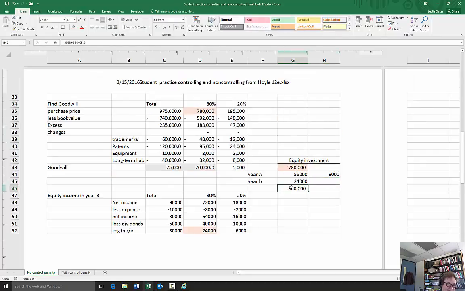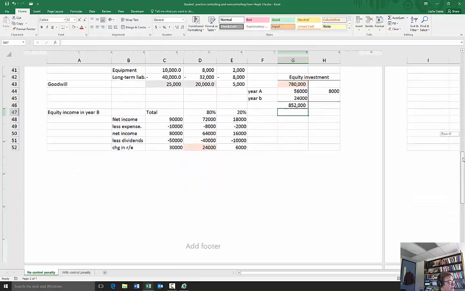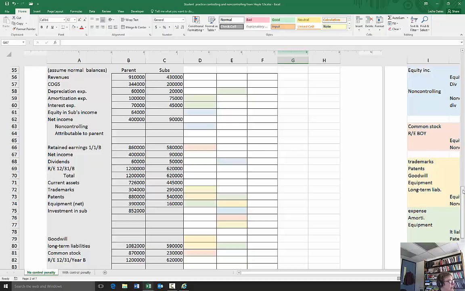So that's going to give us $852. Let's double check and see if that agrees with our investment in sub. Here it is. Perfect.